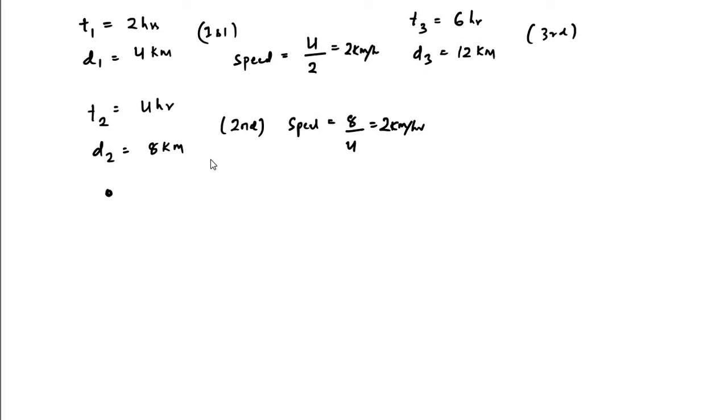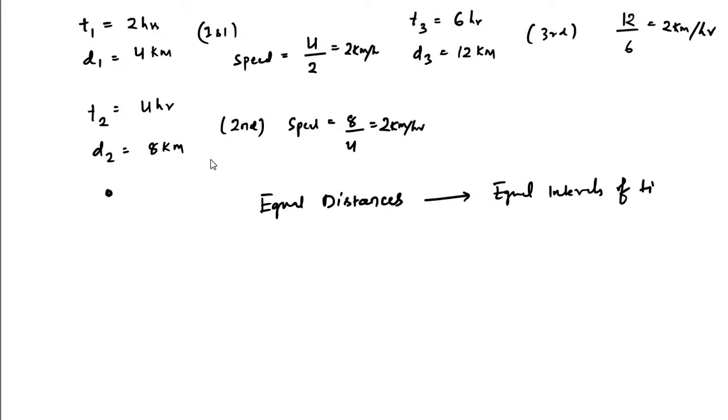In the third time slot, the total distance covered is 12 kilometers, time is 6 hours, again 2 kilometers per hour. So it is traveling at a uniform speed, which means it covers equal distances in equal intervals of time.